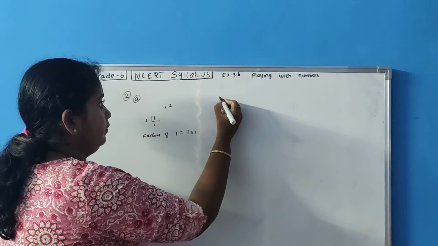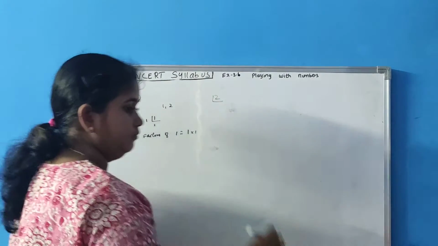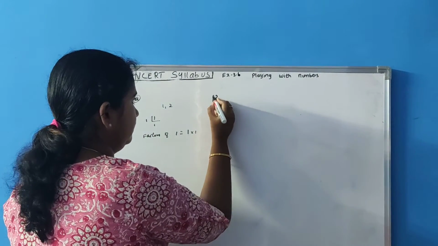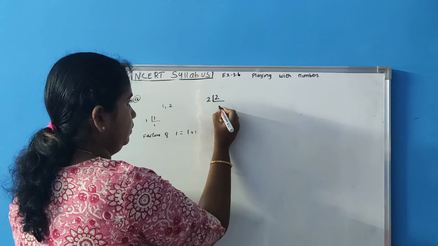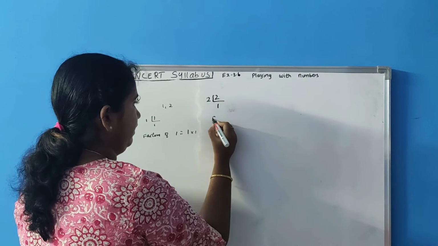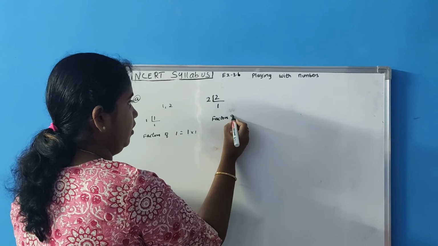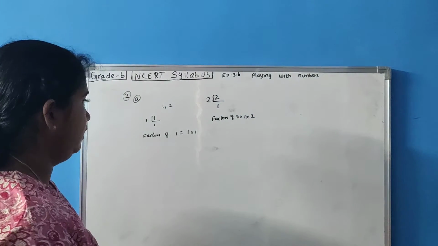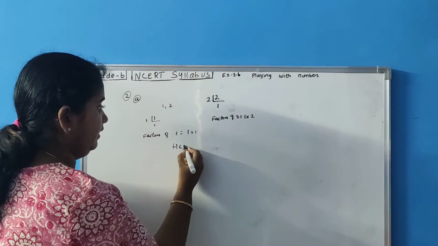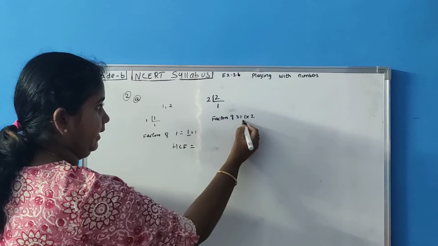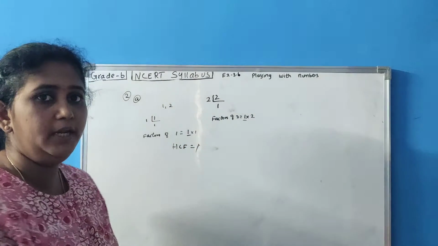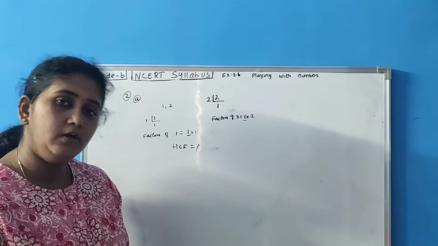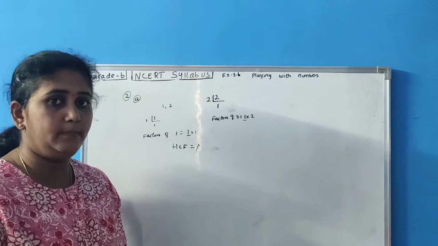For 2, the factors are 2, 1, so factors of 2 is 1 into 2. Now find the highest common factor. It is 1, right? So for any two consecutive numbers, the HCF will be 1.